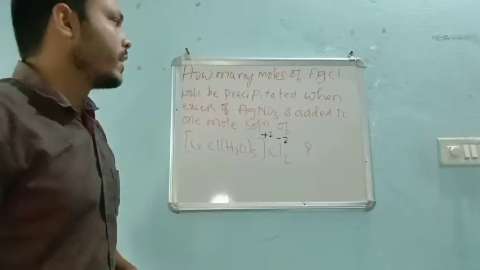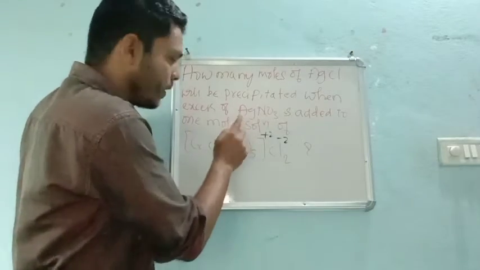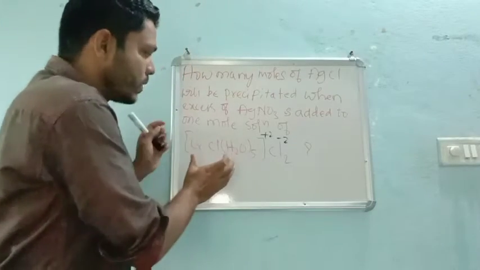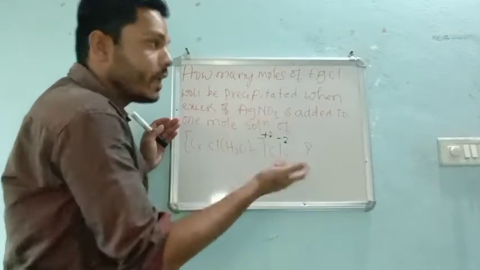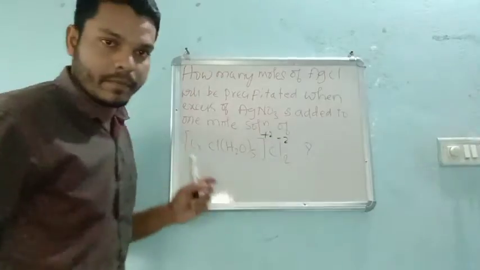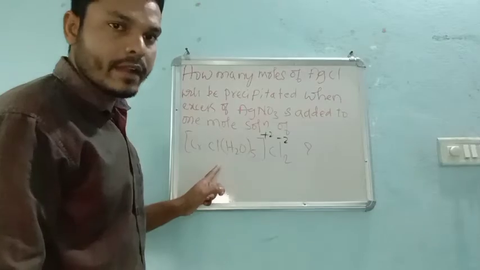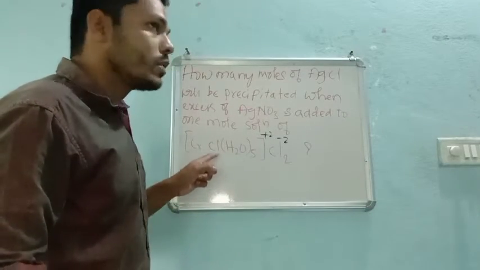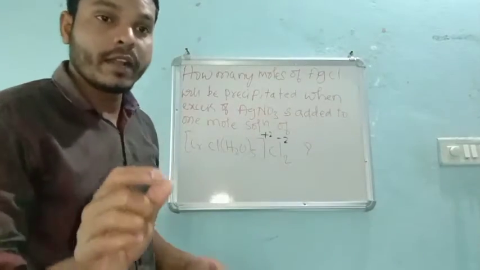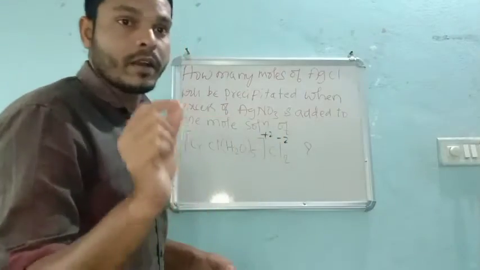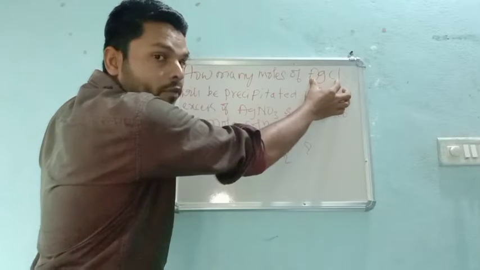What they have asked is, when we add an excess amount of AgNO3 to this complex, how many moles of AgCl will be liberated, right? Understood? Whenever we react this molecule with silver, definitely silver chloride will be formed.